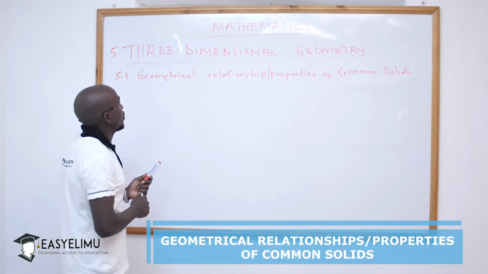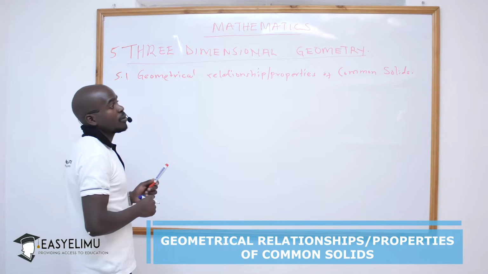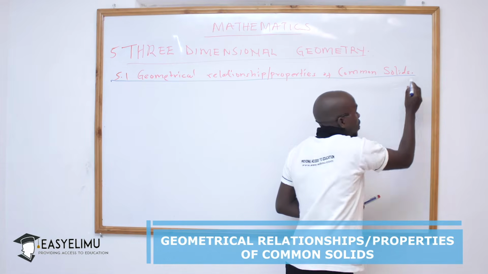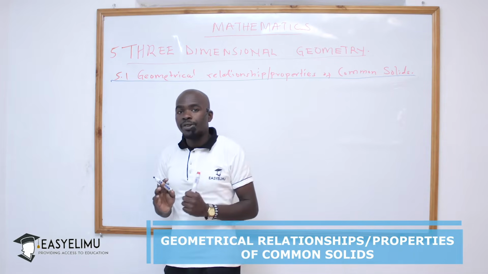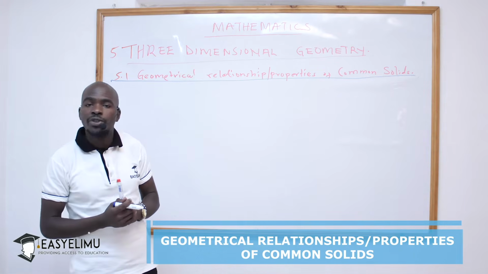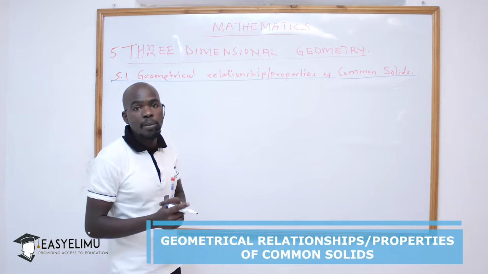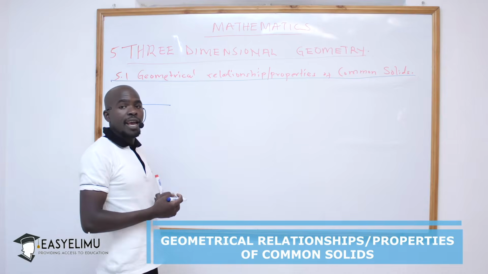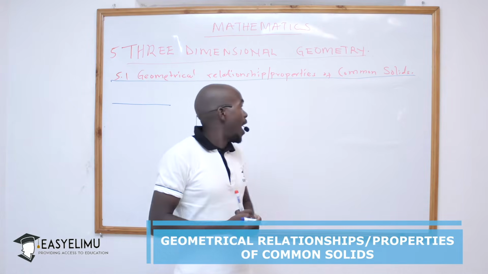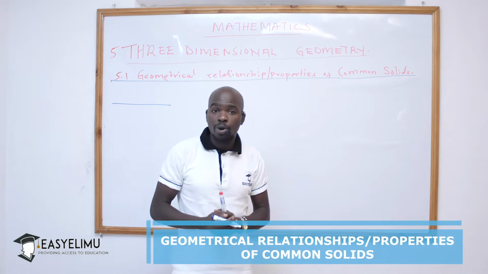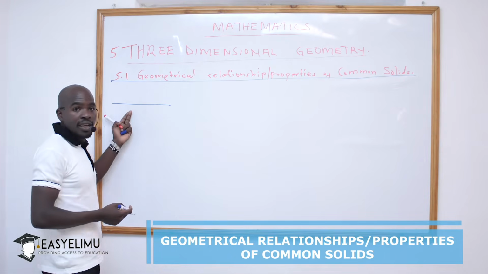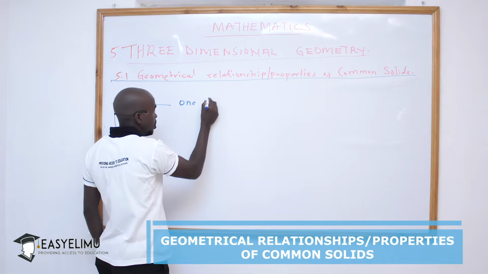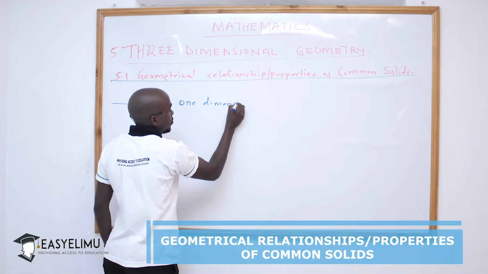In geometrical relationship or properties of common solids, we can start by noting that given any kind of geometry, we can tell in which dimension that geometry lies. For example, a line is a kind of geometry, and drawn this way, it is a one-dimensional geometry.